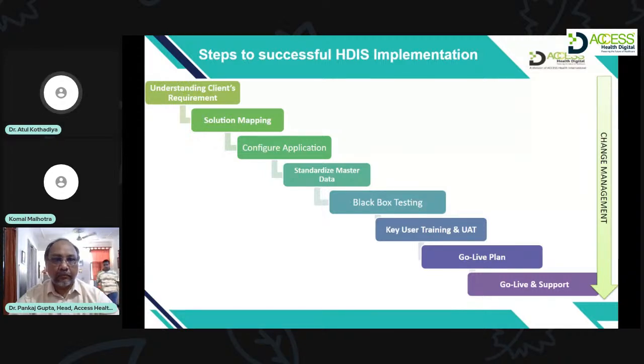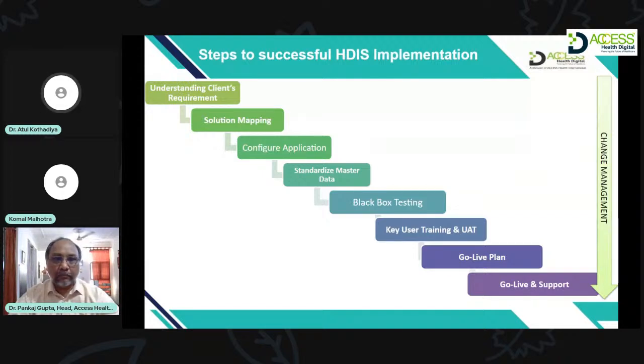This is an opportunity for the client as well. Based on the study, the implementation team would map each process, function or requirement with the system to be implemented, and this process is called solution mapping.